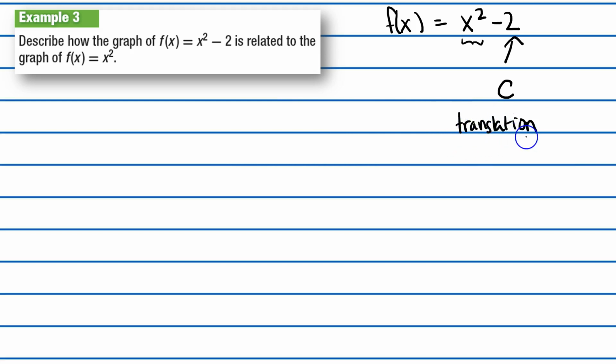The question is, does it go up or down? Since c is equal to negative 2, we know that the graph is translated 2 units down. I'm going to say translation 2 units down. It's a matter of just knowing and seeing what we have for our functions to be able to determine what we need to do.